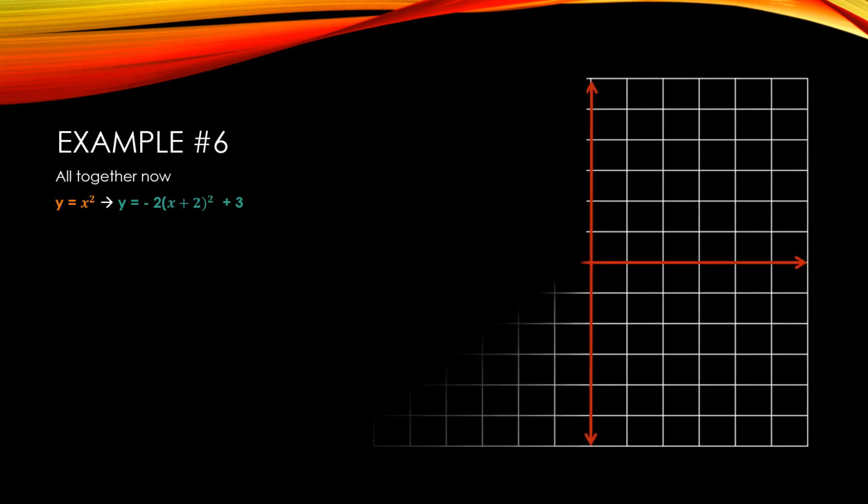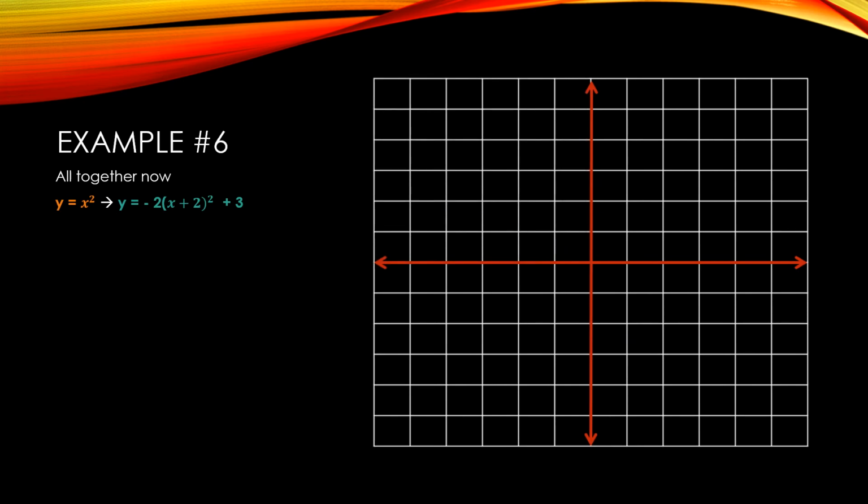Example number 6. Let's put it all together now. So y equals x squared, parent graph, new graph, y equals -2(x plus 2) squared plus 3. Now, the easiest thing for us to do is to work through each of the transformations one at a time.